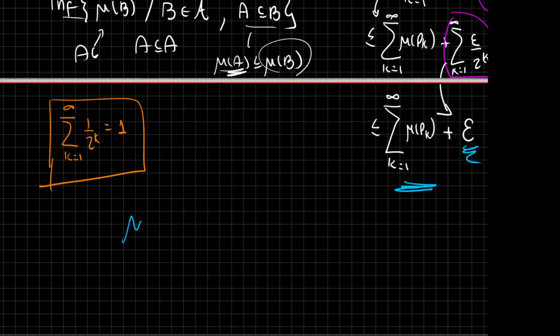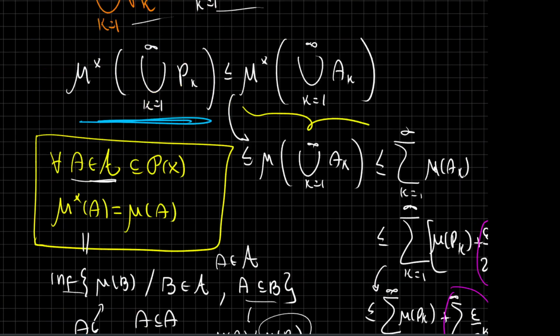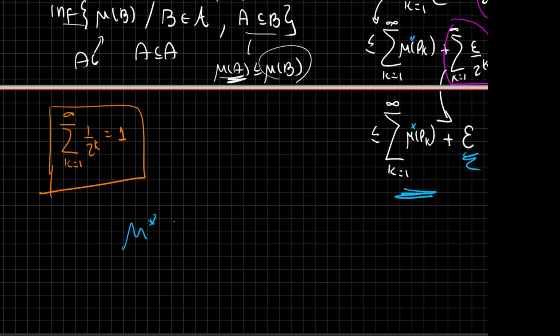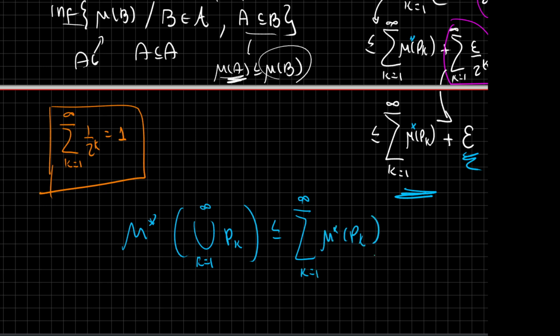To summarize, mu star of this countable union is less or equal than this series of mu star of P_k. So this is the final property of outer measures, and it follows that mu star is an outer measure.